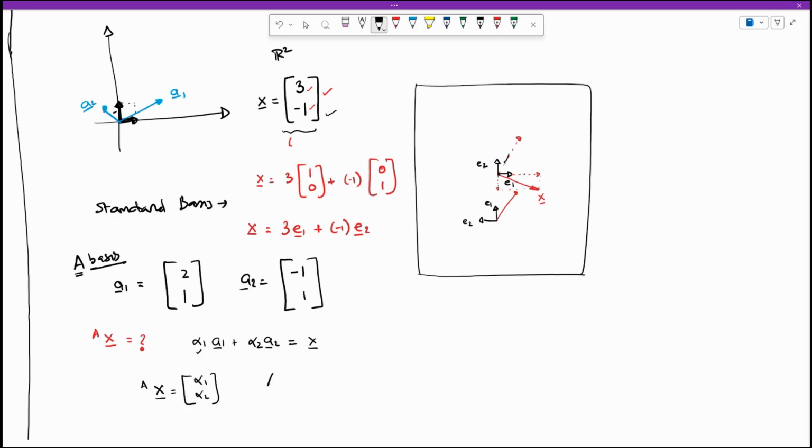If you do this, you get X, where A is the matrix with A1 and A2 as its columns. So in the linear equation we are solving, X is known, A is known because we know the two basis vectors A1 and A2, and this is the unknown: the representation of X in the A basis.